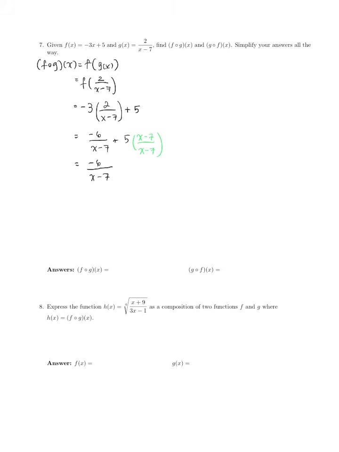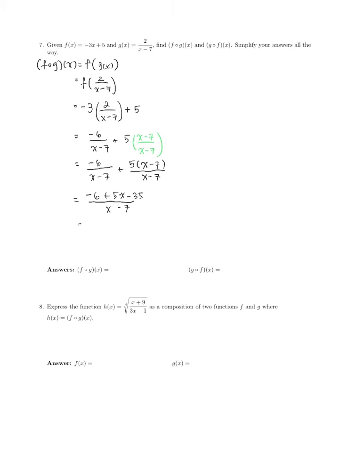Okay, so here you're going to have plus 5 parentheses x minus 7 and then x minus 7. Now since we have the same denominator, we could combine the numerator. So here you're going to have negative 6 plus, I'm just going to go ahead and distribute the 5 in. So you're going to have 5x and then minus, what is that, 35 over x minus 7.